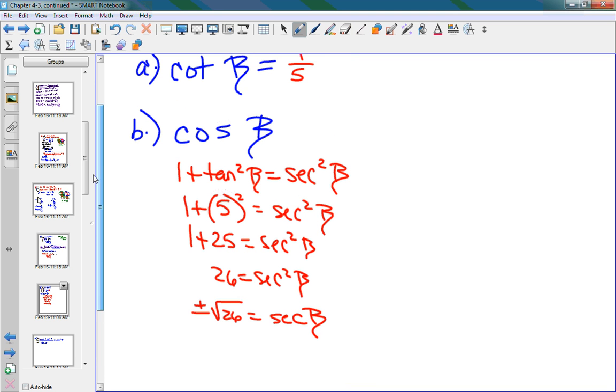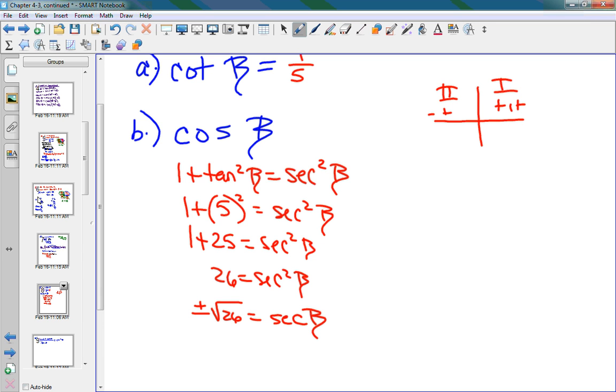Well, think about it. In quad 1 we have plus plus. In quad 2 we have minus plus. In quad 3 we have minus minus. In quad 4 we have plus minus. What is tangent? Sine over cosine. So in quadrant 1, my tangent is positive.